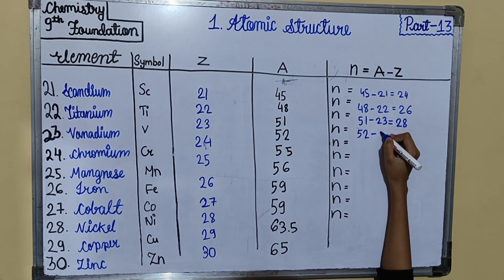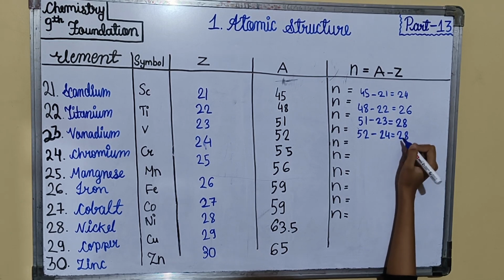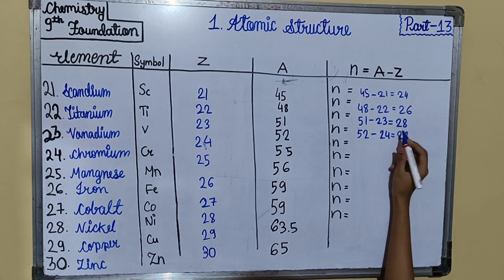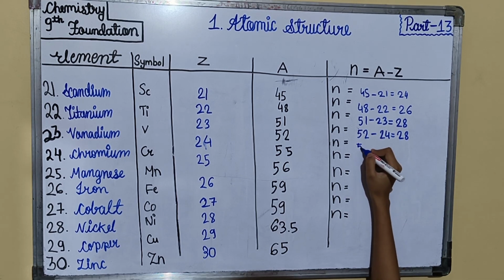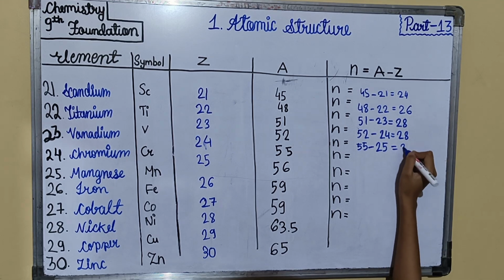Chromium is 52 minus 24, that is 28. Manganese is 55 minus 25, and that is 30.